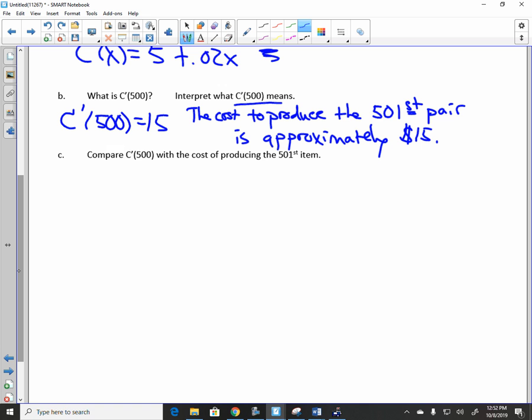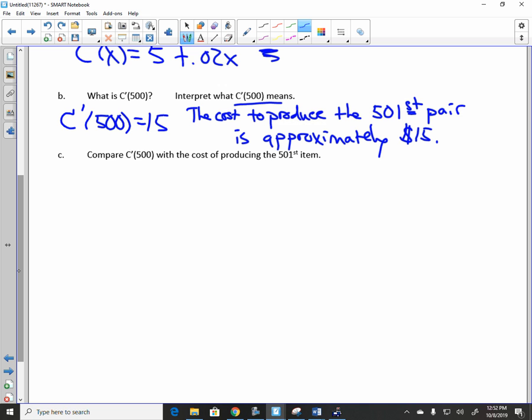The last thing we're going to do is compare C prime of 500 to the actual cost of producing the 500 first pair. That's easy to do. If it costs me $1,000 to produce 500 pair of shoes and $1,002 to produce 501 pair of shoes, how much did it actually cost to produce that last pair? $2, right?